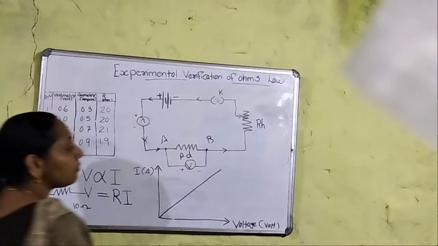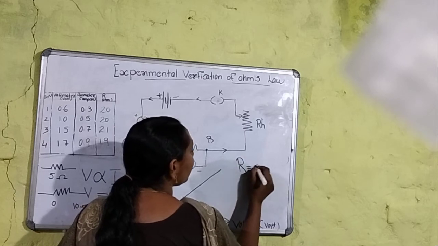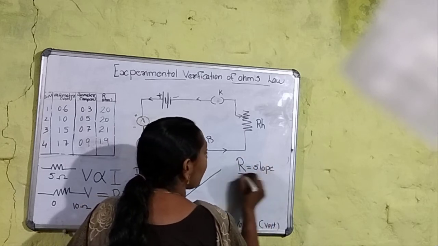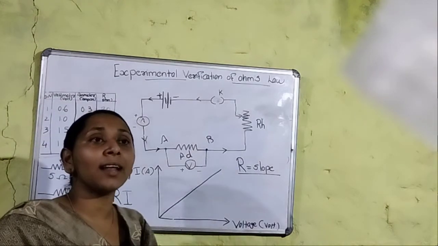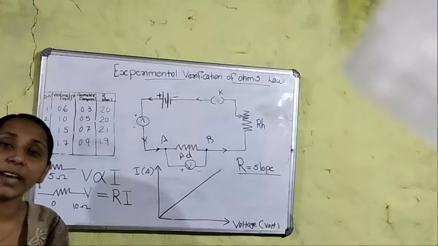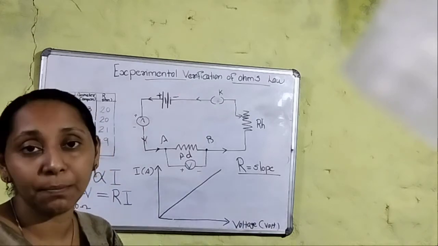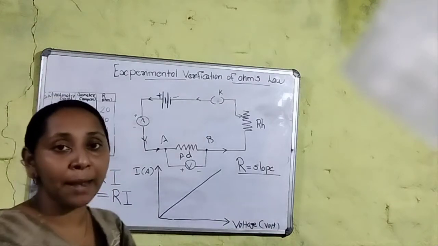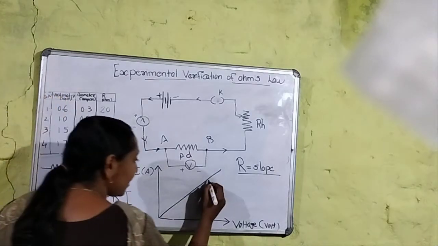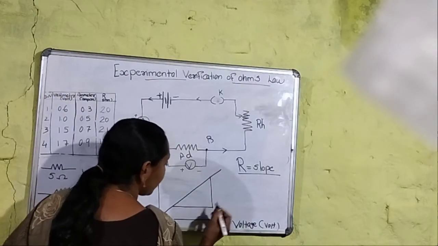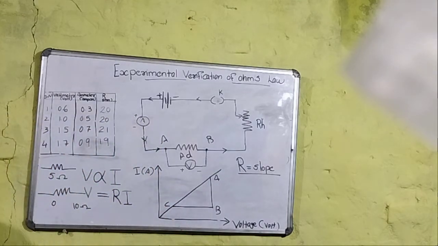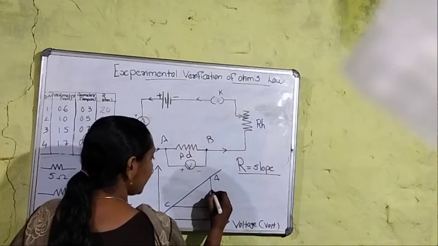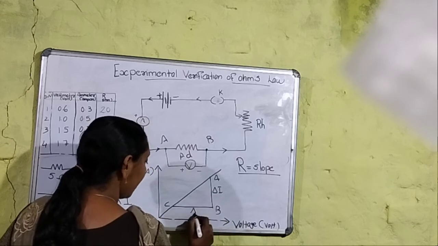To find the value of R in this graph, we should find the slope of the graph. Mathematically, the trigonometric way is to find the value of tan theta. But in this case, we cannot use that method. We have to find the slope like this, with X and Y components, A, B and C. This one is delta I and this one is delta V. Am I right?